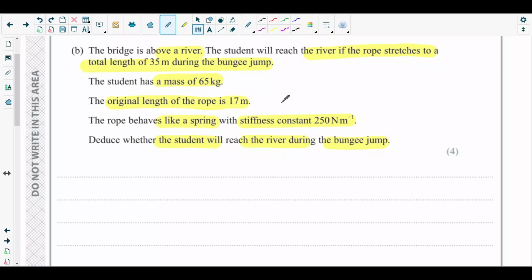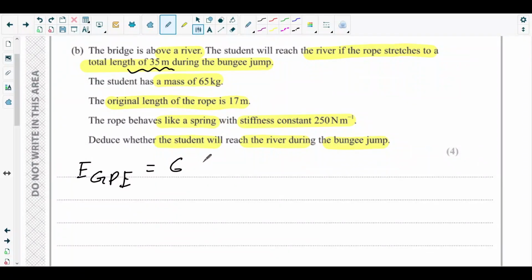Okay, so at first consider, as the student falls by 35 meter, it reaches the river. How much potential energy will the student lose? This is E GPE, the lost potential energy.